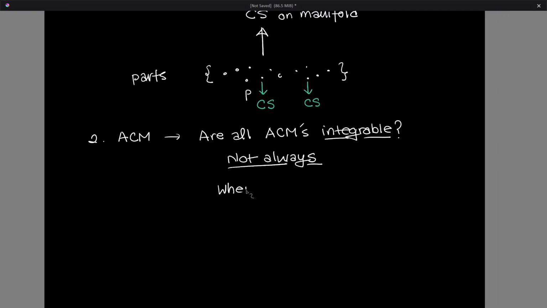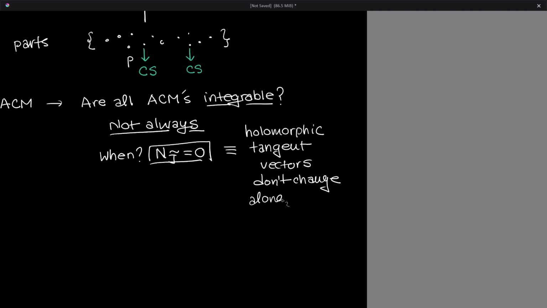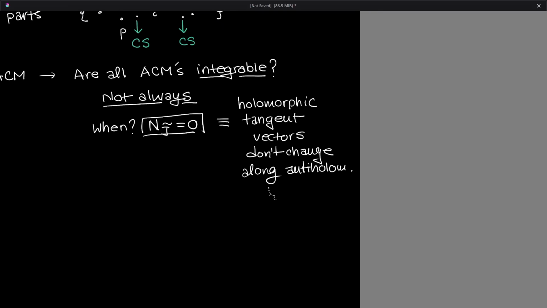So when? That's when the Nijenhuis tensor is 0, which is equivalent to saying that the holomorphic tangent vectors don't change along anti-holomorphic directions.